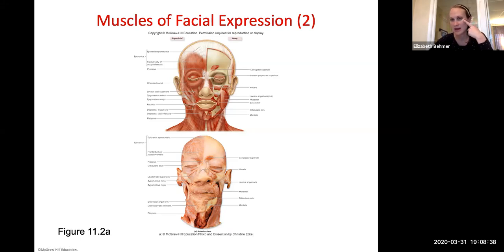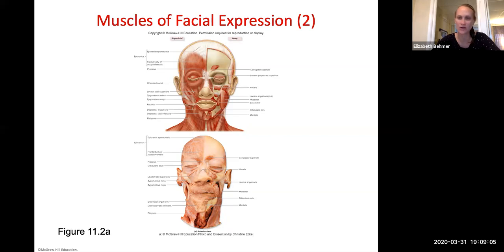So they will attach from your zygomatic bone down to your lips to help with turning your face up to smile. The risorius muscle attaches also to the side of your lips. That's sometimes called the smile muscle, the risorius muscle. If you see a depressor anguli, anything that says depressor on it, that would cause you to frown or move your lips down. So a lot of muscles in facial expression.